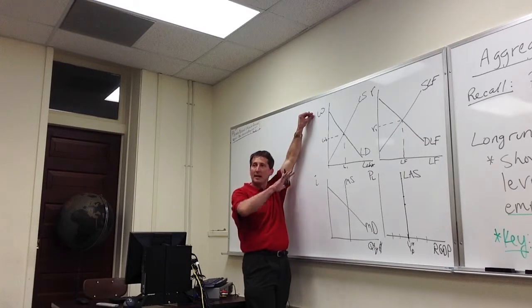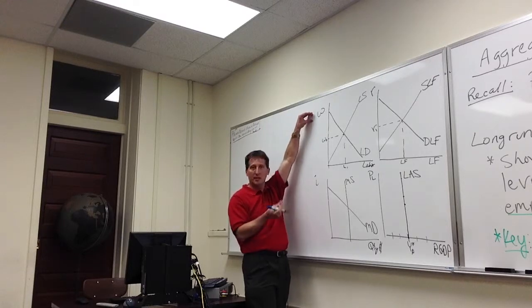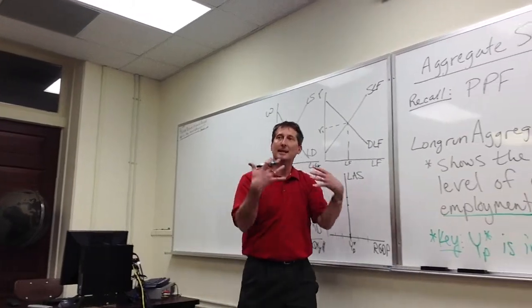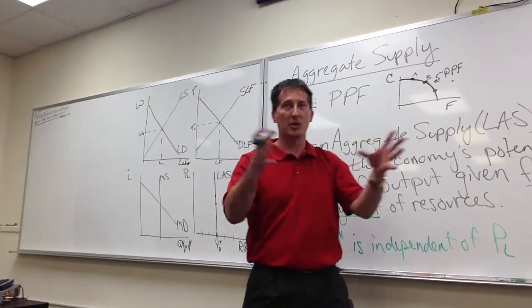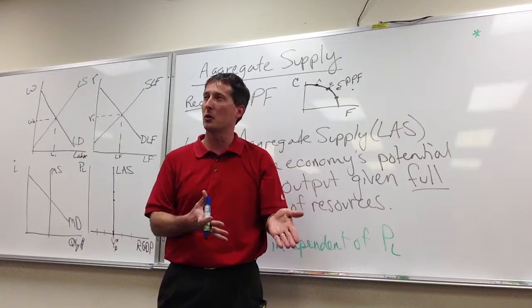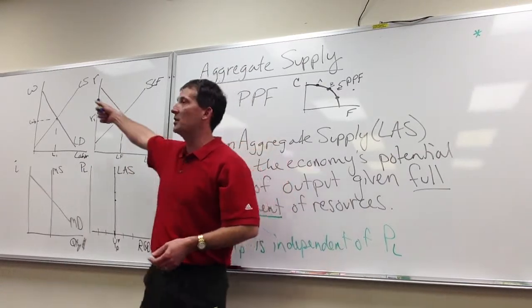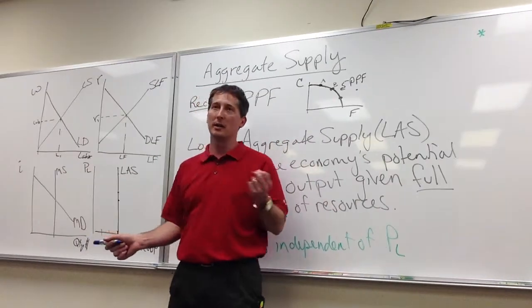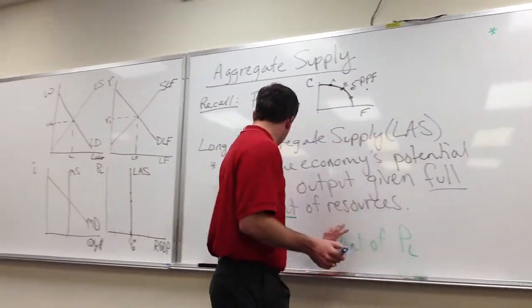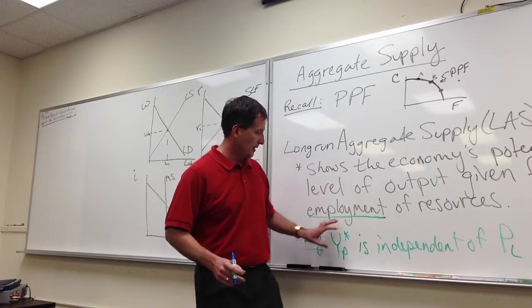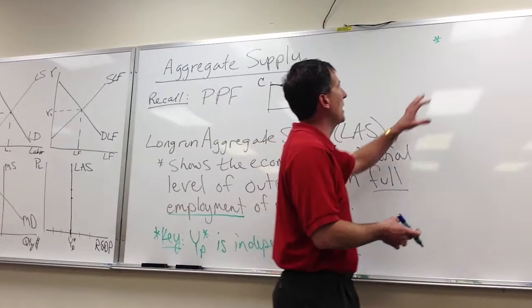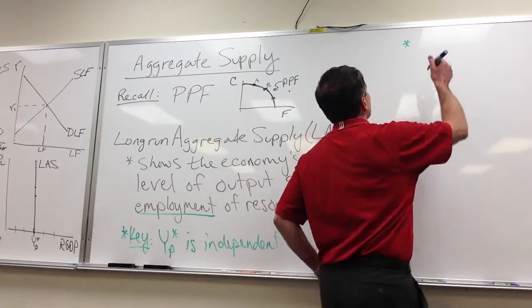And if tomorrow I said every price on the shelf is going to double, but I'm going to give you $200 today, you're not going to sweat it. You're going to be able to go into the store and get the exact same quantities that you could before when you walk out of the store. So your real wage was maintained constant. Your purchasing power was constant. And that's what this is saying here, is that the potential level of real GDP is independent of prices.